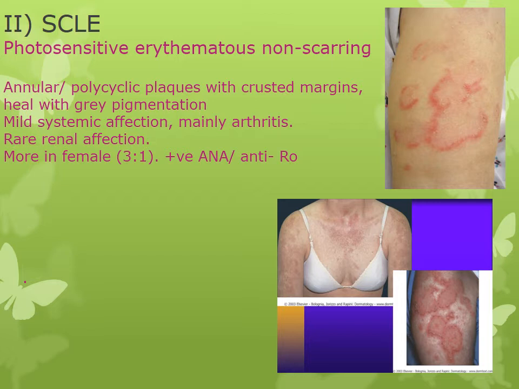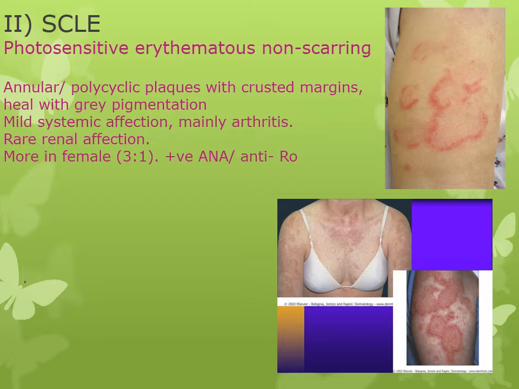The most common is annular and polycyclic plaques that have crusted margins, and they heal with gray to brown pigmentation, usually located on the upper trunk and the limbs. These patients have mild systemic affection, if any, which is arthritis, and rarely they have kidney involvement.